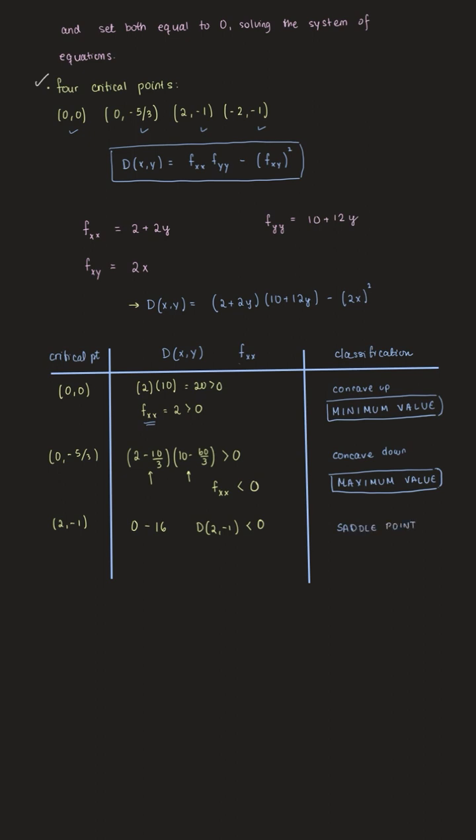That's because our function in the direction of x might be concave up and in the direction of y might be concave down, or vice versa. And there's so much twisting that there's really no extreme value here. In fact, here both second order partials f_xx and f_yy have opposite signs.